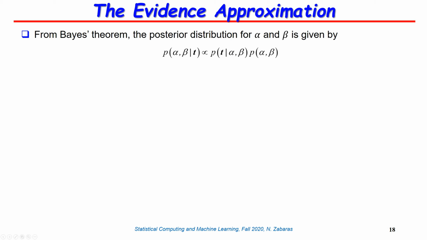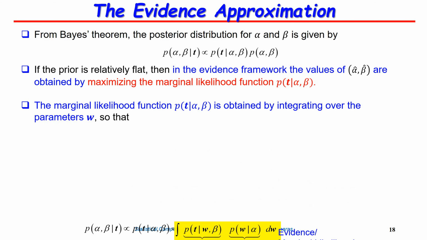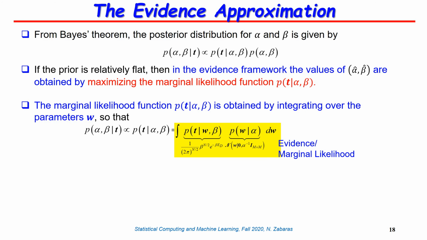And I call this the marginal likelihood because there is no W here, because W has been integrated out.